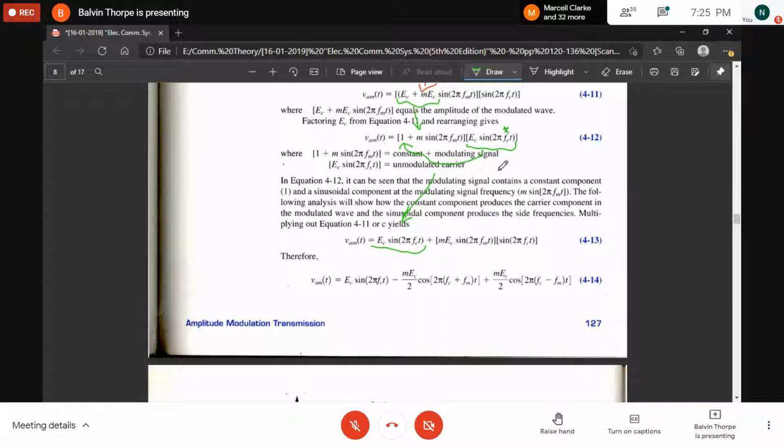Now, it is sine times sine, so it's like sine A sine B. And sine A sine B, as somebody expressed before, equals a half cos(A minus B) minus a half cos(A plus B).